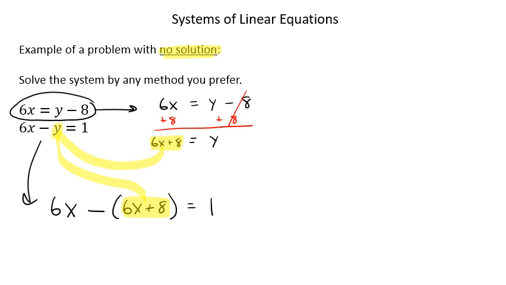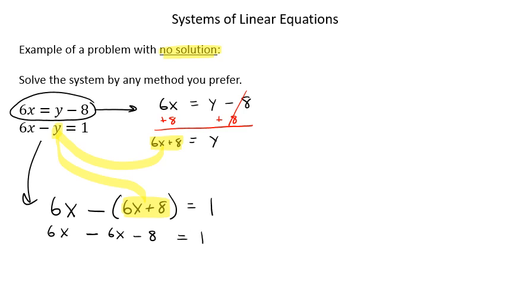Okay. So now solve for x. Now we could distribute that minus sign outside of the parentheses. So that's going to be 6x minus everything inside the parentheses, so minus a 6x and minus an 8. And on the other side of the equation, we have 1.